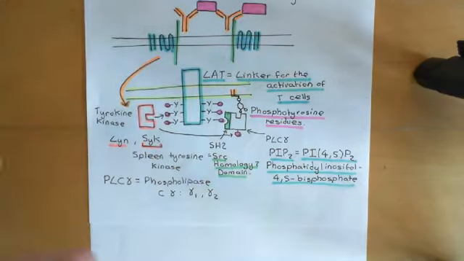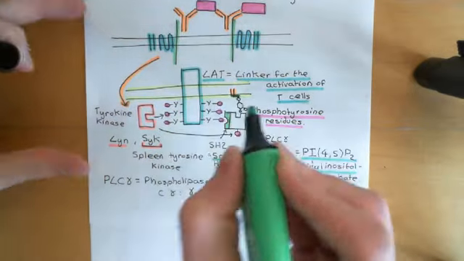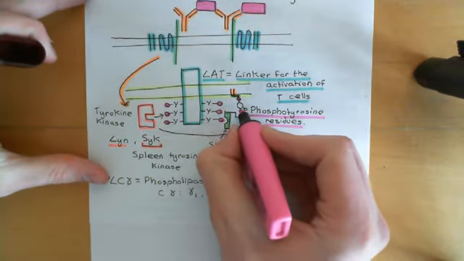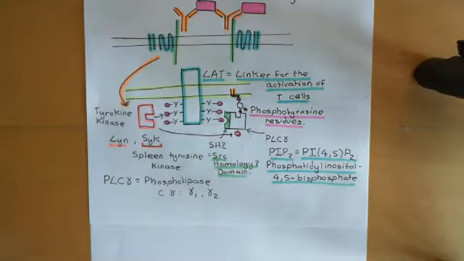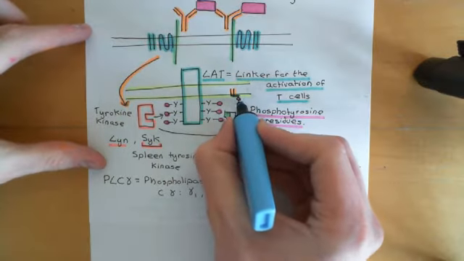So here are the long-chain carboxylic acids there. Here in green, that's the glycerol molecule. Here in purple, those are the phosphate groups. And then in blue, we'll have the inositol ring there.